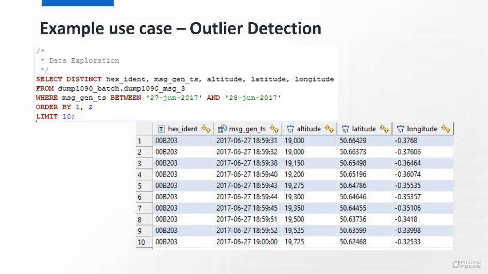The first time we see this aircraft is at 18:59 and 31 seconds, flying at an altitude of 19,000 feet, with subsequent messages at 32 seconds, then 38, 40 and 43. It appears that this aircraft is climbing as its altitude is increasing.